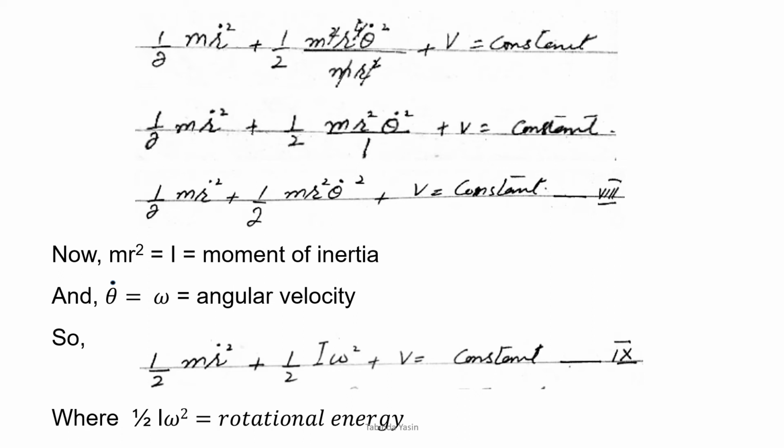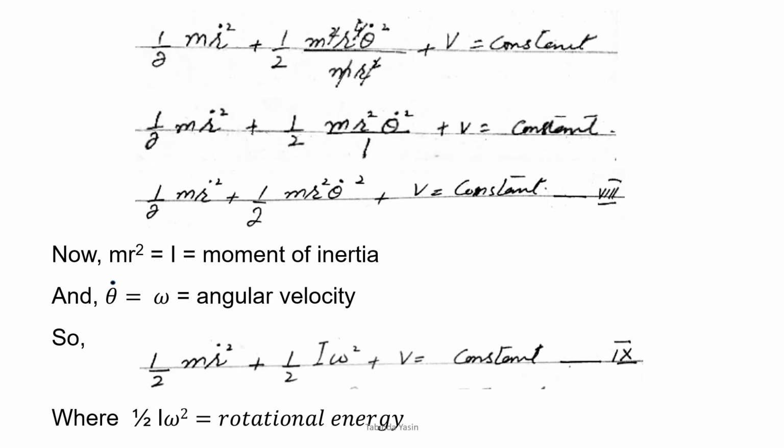We know that m r square is equal to capital I, and that is the moment of inertia. I is equal to m r square, and we know that theta dot means the angular velocity omega. In the above equation, we can replace m r square with capital I and theta dot with omega. So we have the equation 1 over 2 m r dot square plus 1 over 2 I omega square plus V is equal to constant.